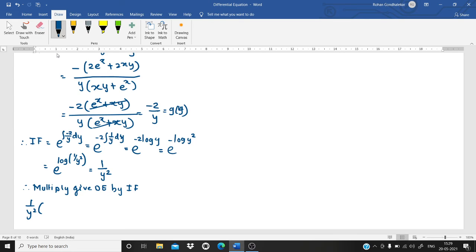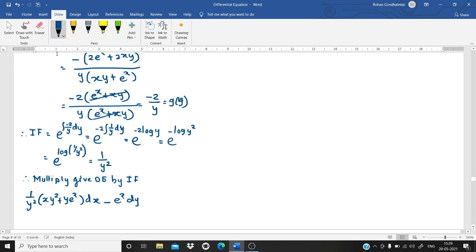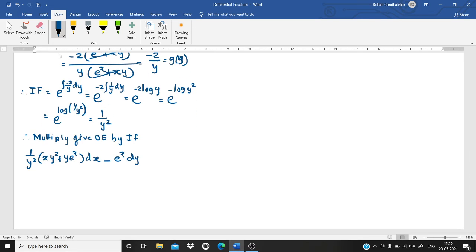What is m here? Xy square plus y into e raised to x dx minus e raised to x dy. So after multiplication with the integrating factor, we get x plus e raised to x upon y dx minus e raised to x upon y square dy.